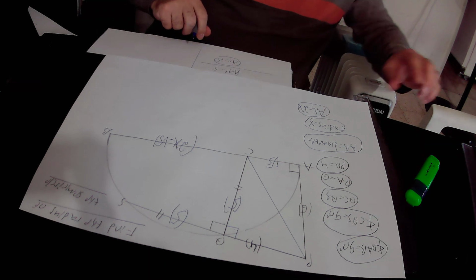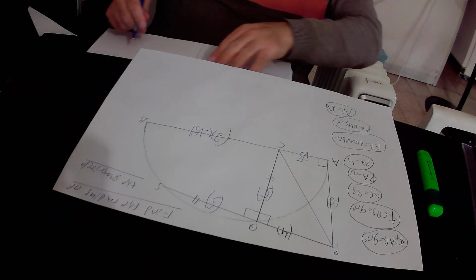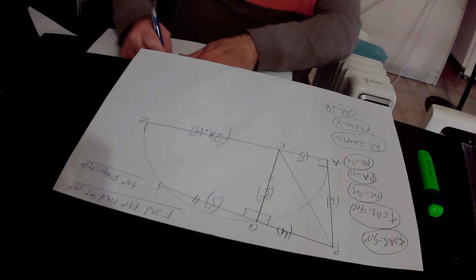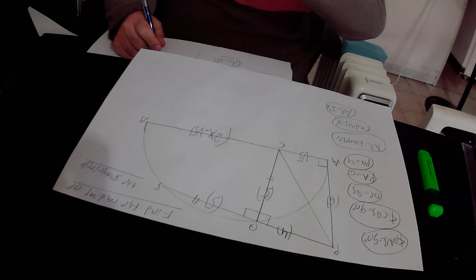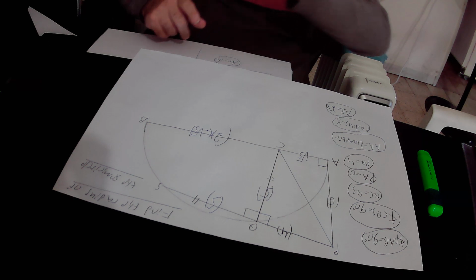Okay, so in the next step, we will complete the semicircle to a circle.